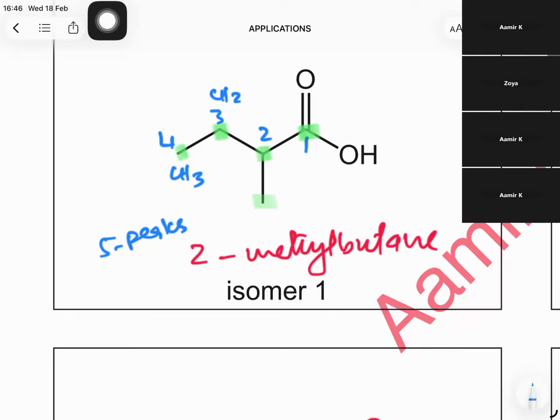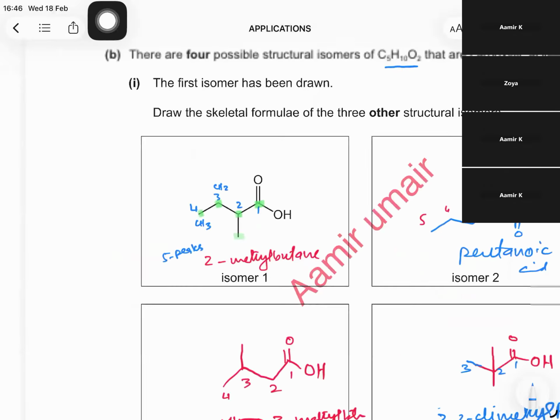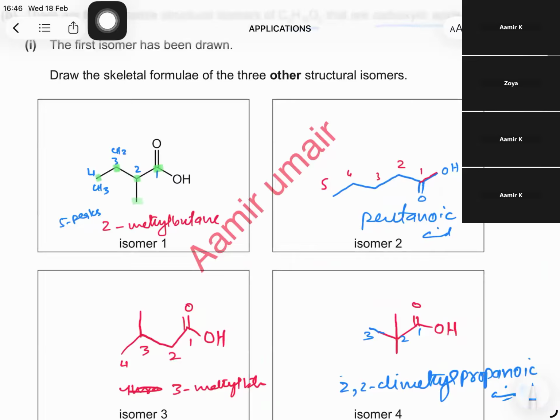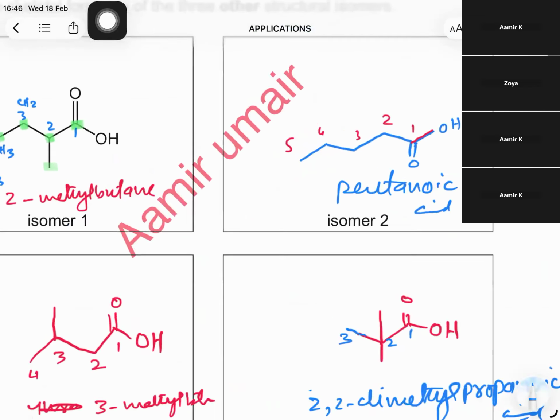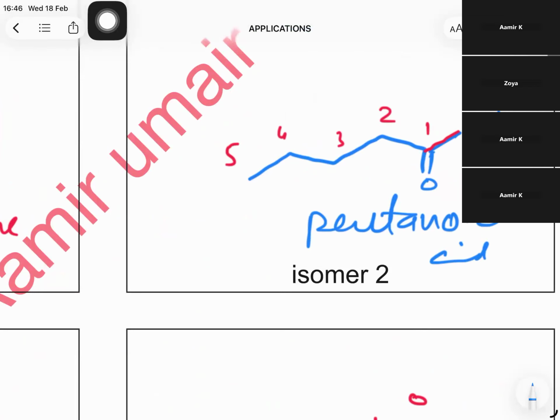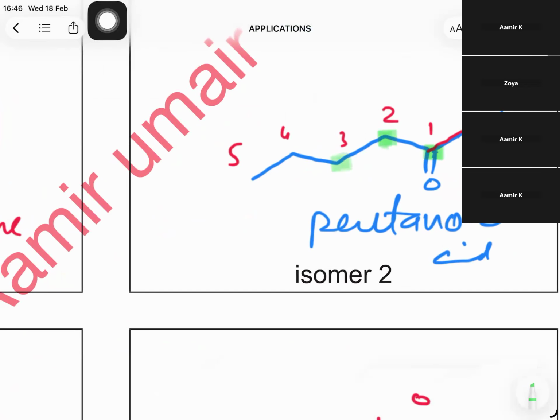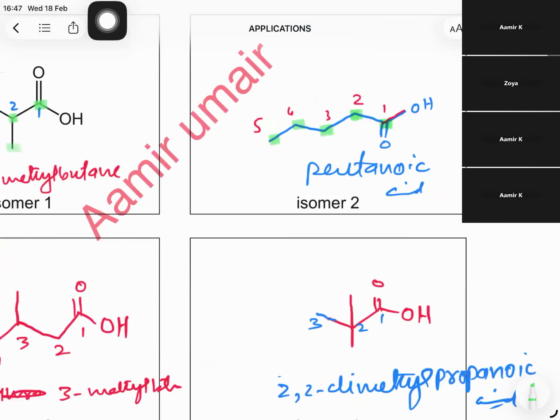Next. What about number 2? Obviously, it's going to have more peaks: 1, 2, 3, 4, 5, all different.